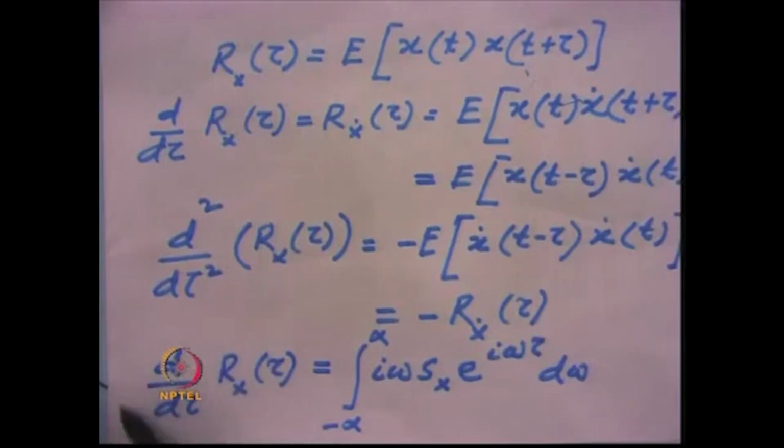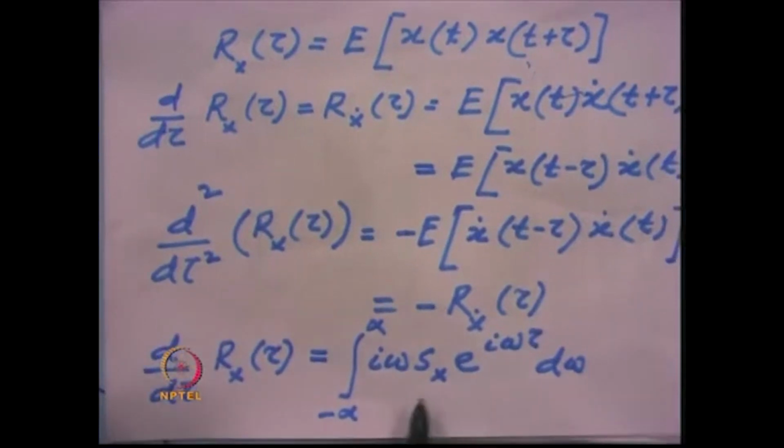Now, if I differentiate r x tau with respect to tau, then we get i omega S x e to the power i omega tau d omega, integration from minus infinity to plus infinity, because r x tau as such is equal to the inverse Fourier transform of S x, that is the power spectral density function and the autocorrelation function of the process.